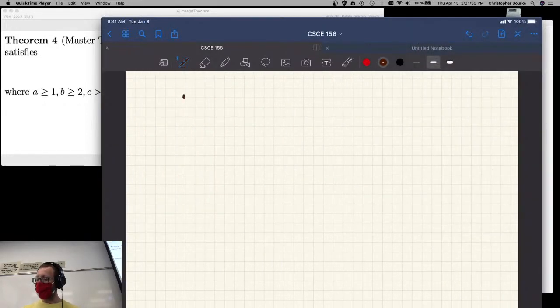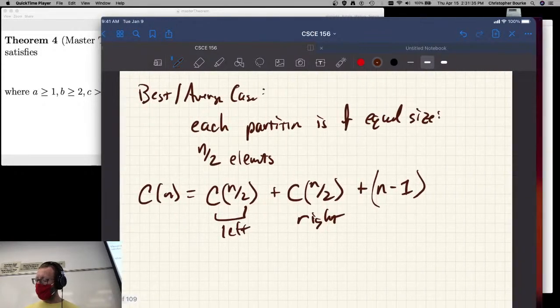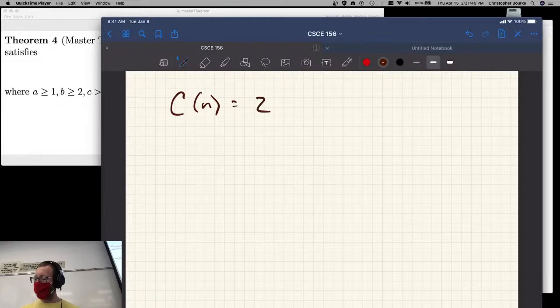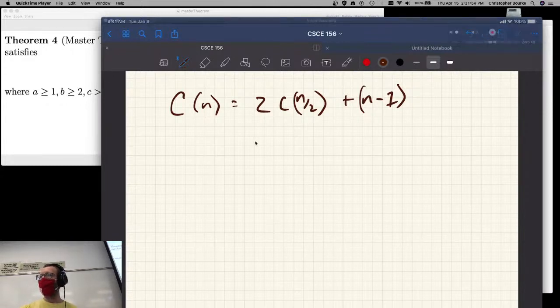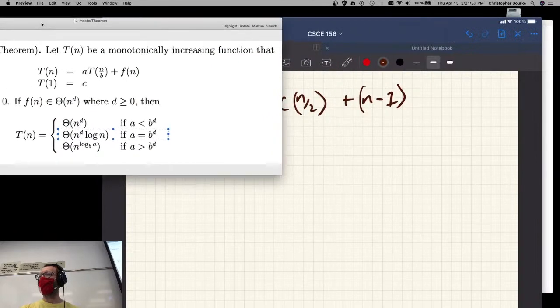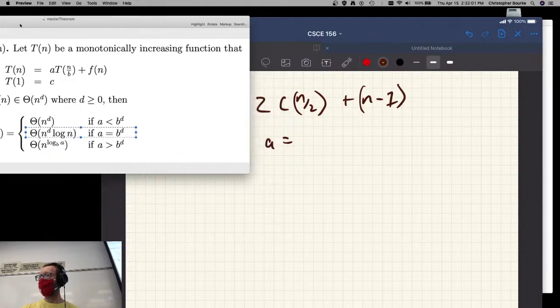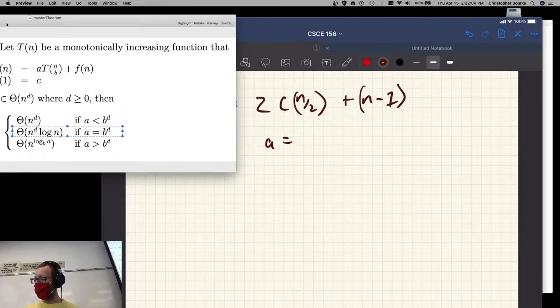Now, let's use our tool. You'll note that I'm just going to collapse these two because they're the same term. 2 recursive calls to quicksort on an input of size roughly 1/2, plus a linear amount of work in order to partition it to get it to that point. So, by the master theorem, let's identify A, B, D. A is 2 recursive calls.